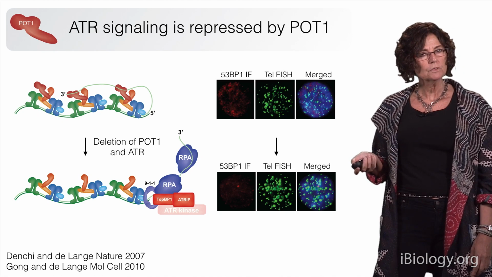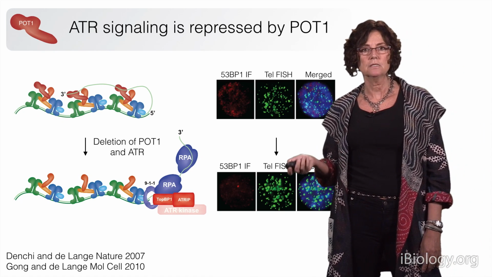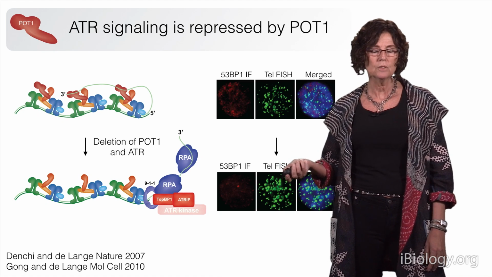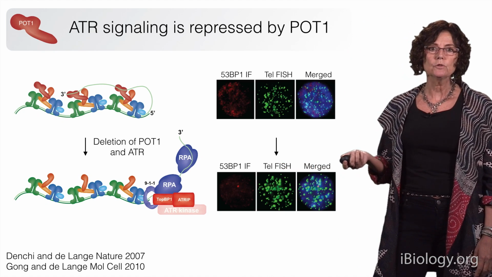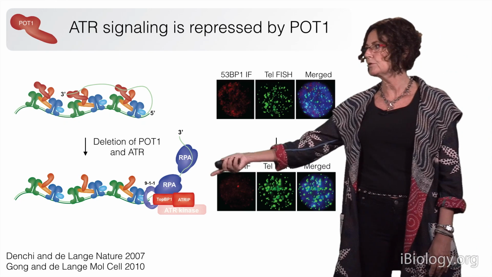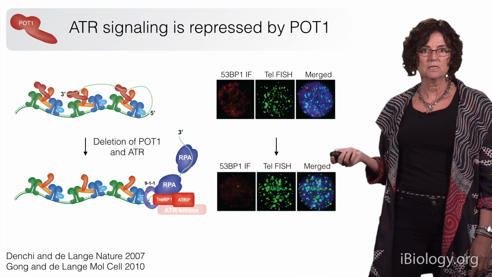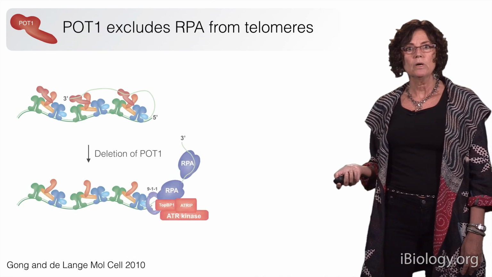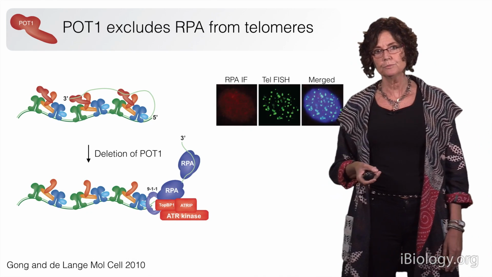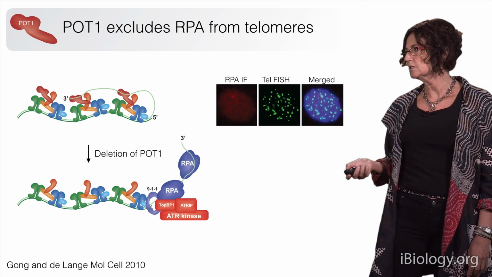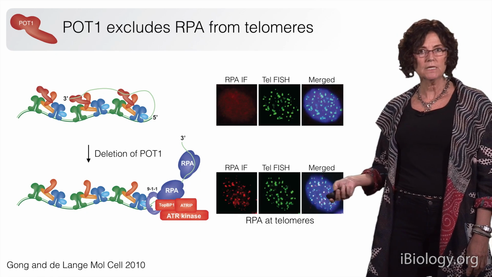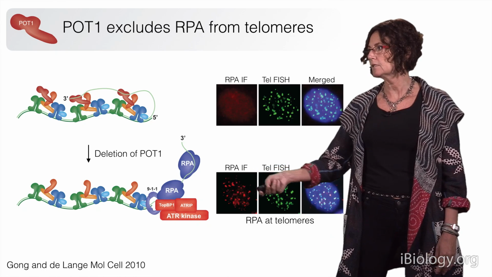How does Pot1 repress the ATR signaling pathway? Well, we got a clue about the mechanism from looking at the RPA protein that I told you is important to activate the ATR kinase. So when you delete Pot1 from telomeres, you all of a sudden see RPA accumulate at the telomeres, right there.